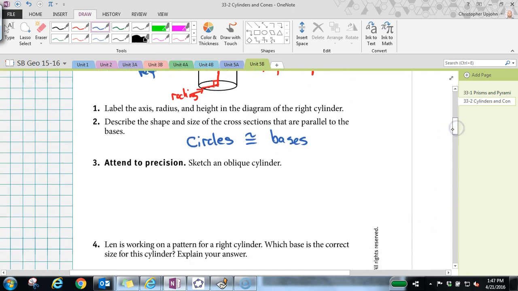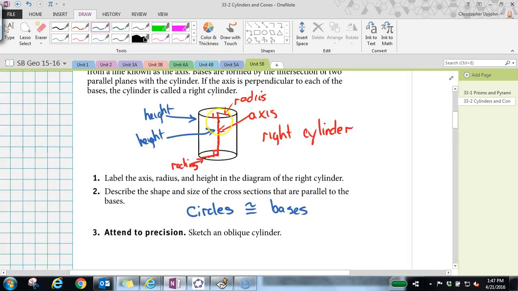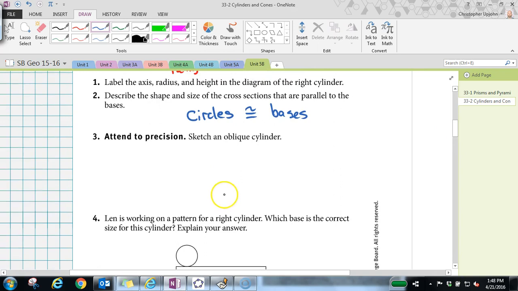An oblique cylinder means that our axis is not perpendicular to our bases, so it's not straight up and down. It's a better way to draw it, something like this, where this is our height.